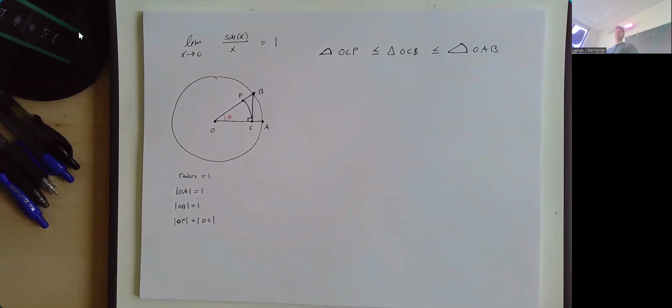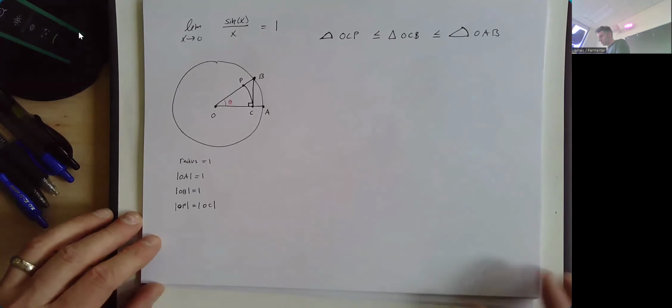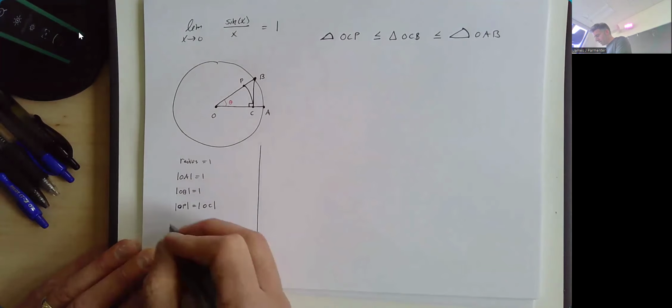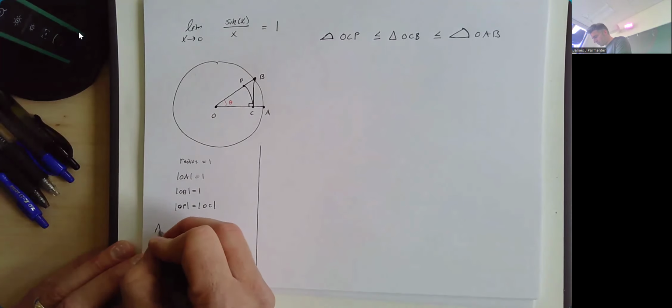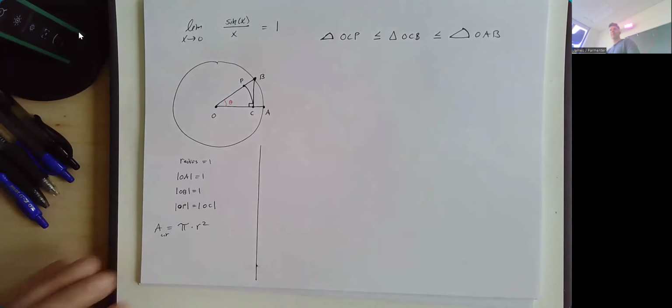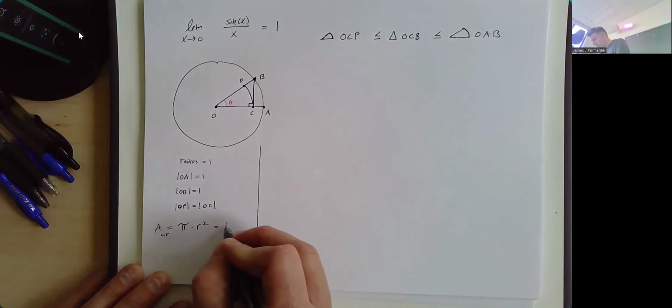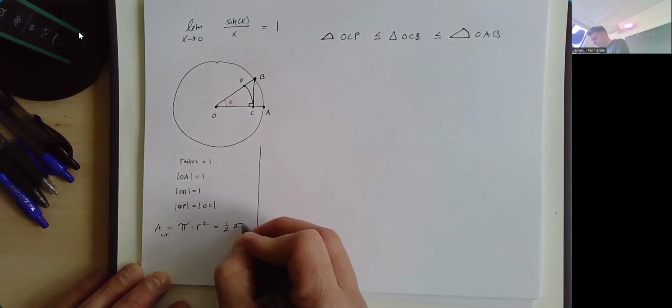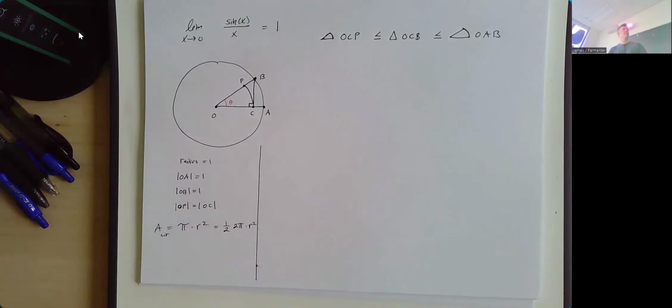Okay, now we're going to find some formulas for these things. So, does anyone know the formula for the area of a sector? Why would you, right? Like, why would anyone really? So, I'll remind you, to the side here, that the area of a circle is pi times the radius squared. Or as I'm going to write here, that's equal to 1/2 times 2 pi times r squared.